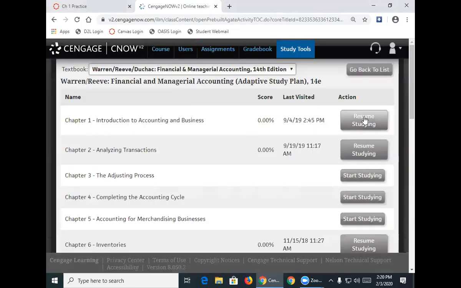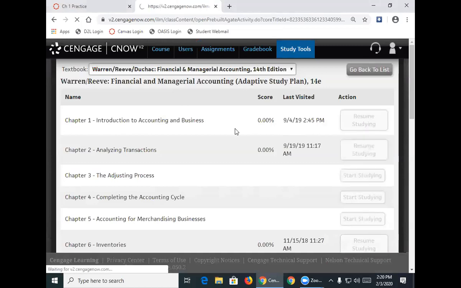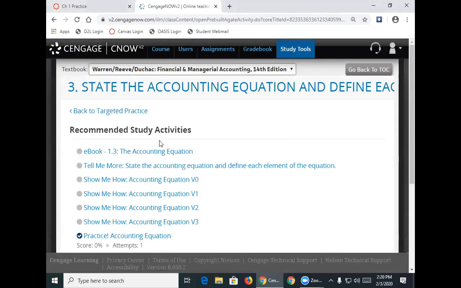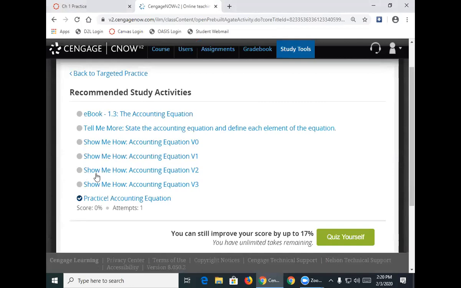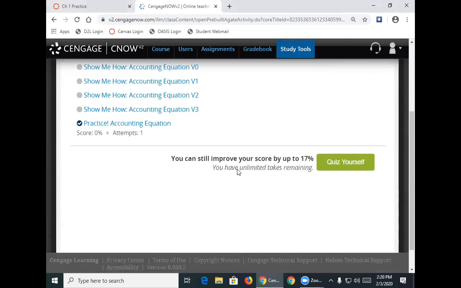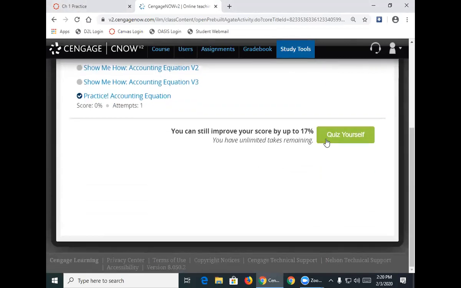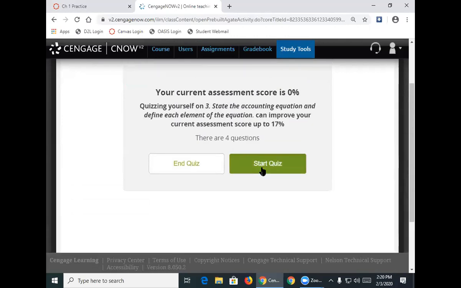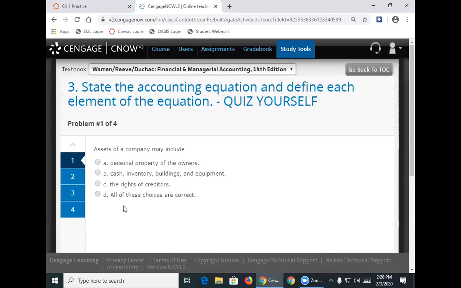Yours would probably say Resume or Resume Study or whatever. You won't actually be graded on it now, but you can do it as preparation. It has study activities for you, like little videos and stuff. And then you still have your quiz yourself, so you can go in and quiz yourself again.